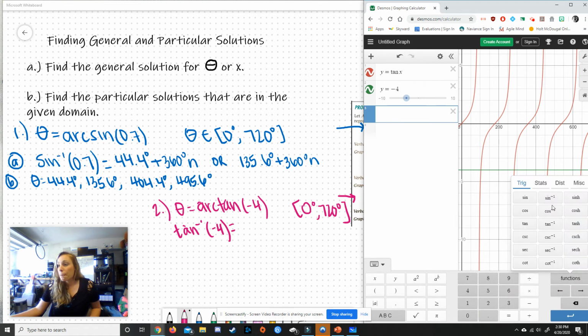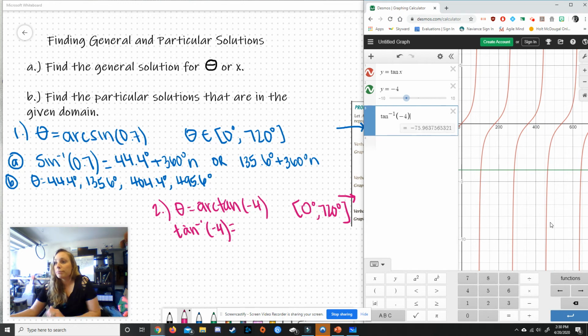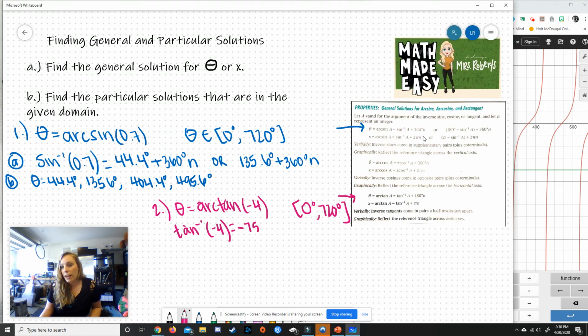Click functions, inverse tangent, type in -4, and we get -75.96 degrees. To make this a general solution, we would say theta equals -75.96 degrees plus 360 degrees, not 360, oops, 180 degrees n. And this is 180 degrees because the period of tangent is different, and because the rule tells us to use 180 degrees.